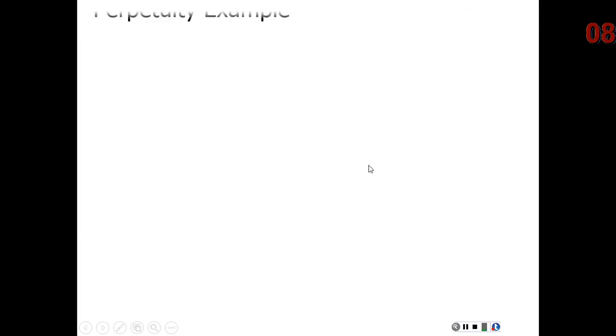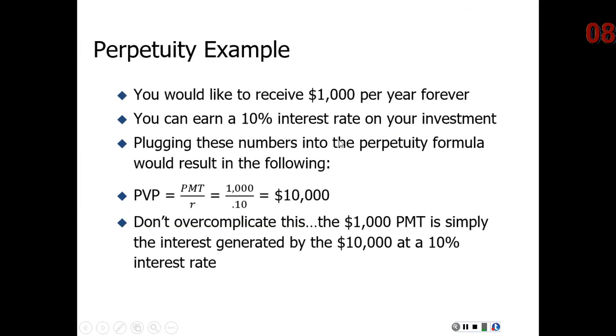And so we went through a simple example of if you wanted $1,000 per year forever, and you could earn a 10% rate of return on your money, if you plug the information here into the formula, the present value of this perpetuity, it says you would have to deposit $10,000 today, and that $10,000 is going to earn $1,000 per year in interest forever, as long as you don't touch the $10,000 or the 10%.